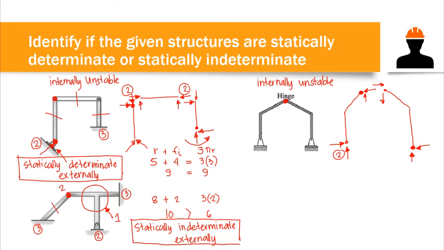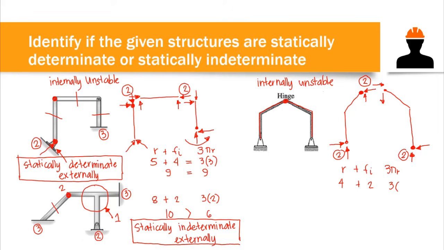So in total, we have 4 reactions. From the formula, r plus Fi versus 3Nr, we have 4 reactions plus the internal forces. Since we have 1 internal hinge, that means we have 2 internal forces. Then 3 times the number of rigid members. This counts as 1, and this counts as 1 as well.